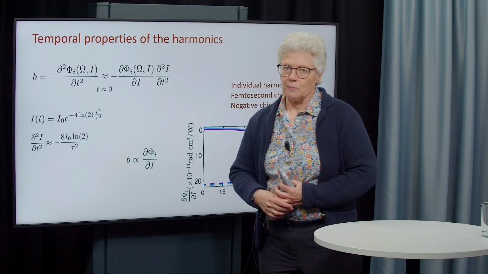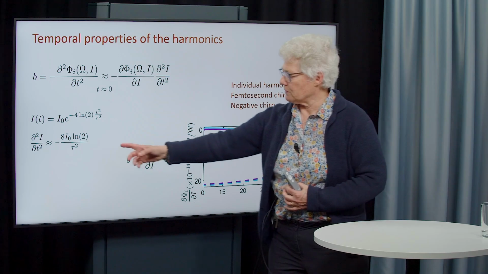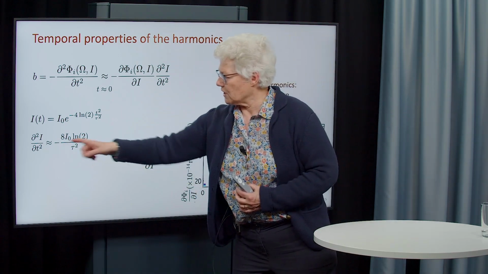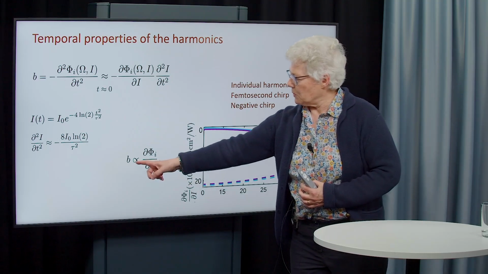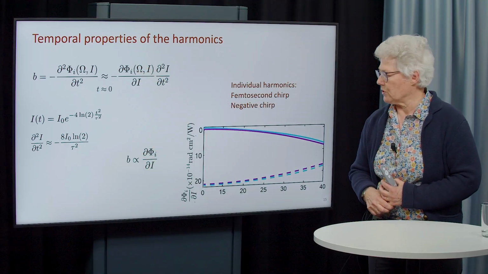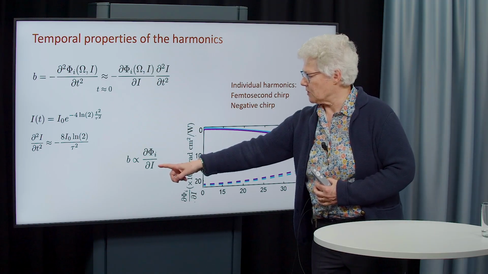Using a Gaussian approximation for the pulse, the double derivative of the intensity has a negative sign, and that means that B is simply proportional to this derivative of the dipole phase with respect to intensity.